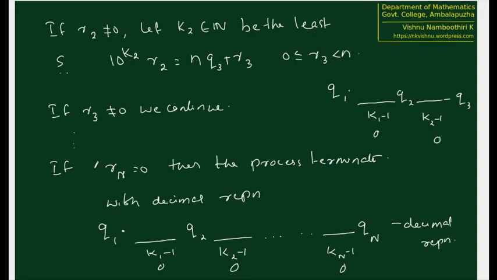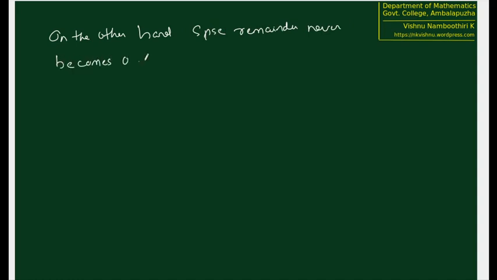This is terminating. Now, on the other hand, suppose that for no n this r is 0. Suppose that the remainder never becomes 0, and in that case we have remainders in the following way: r1, r2, etc., going on like that.